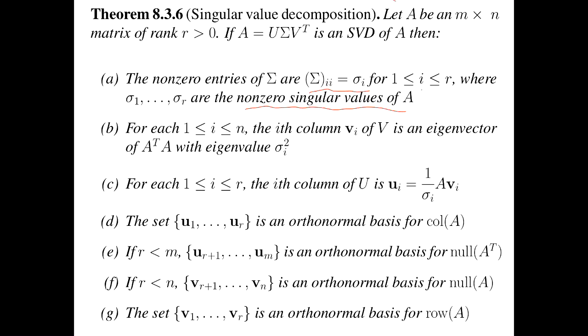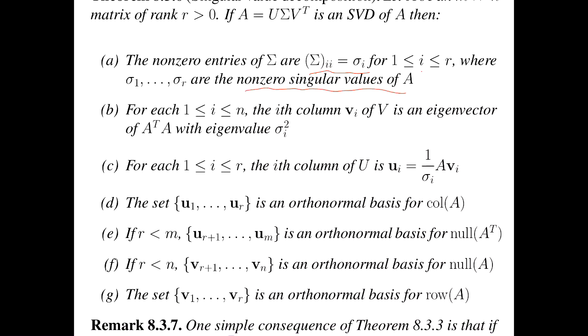For V, the ith column of V is the eigenvector of A transpose A with eigenvalue sigma I squared.